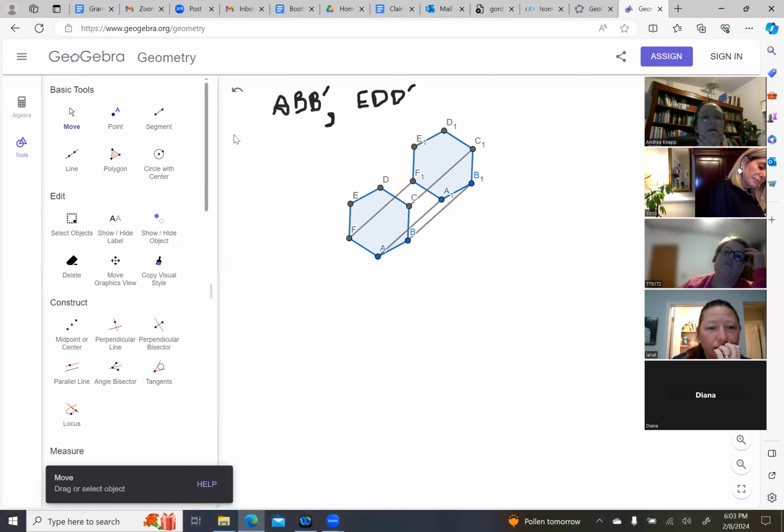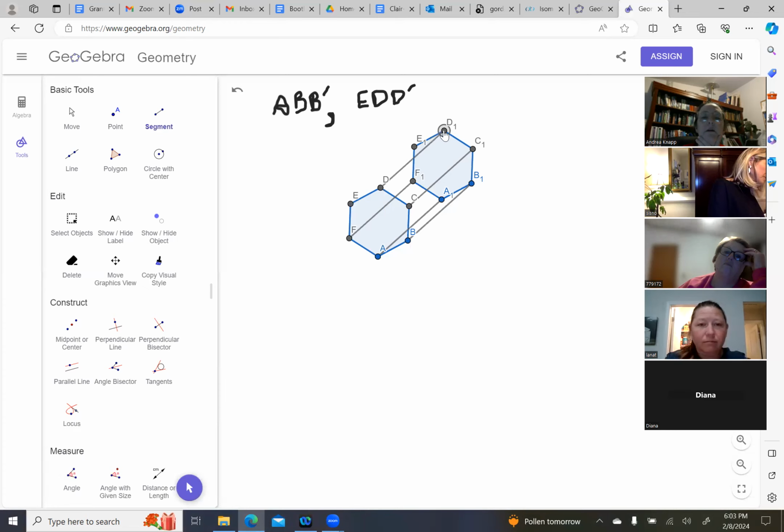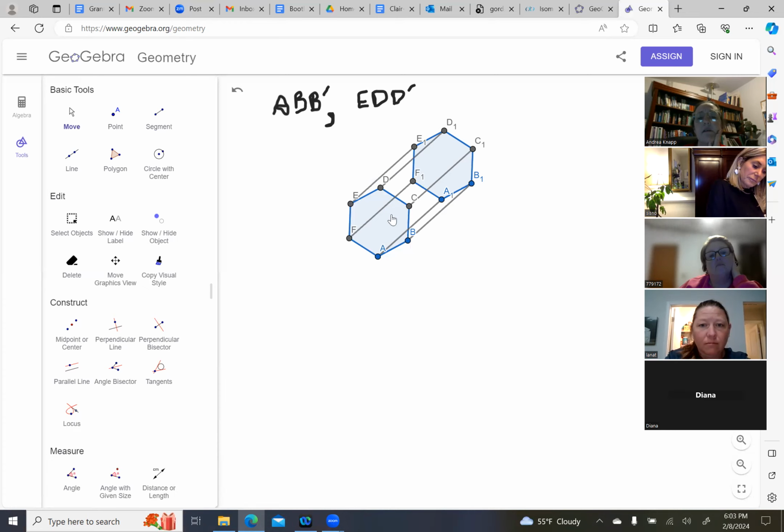So now you can see, right here on top, this face is parallel to the back face.